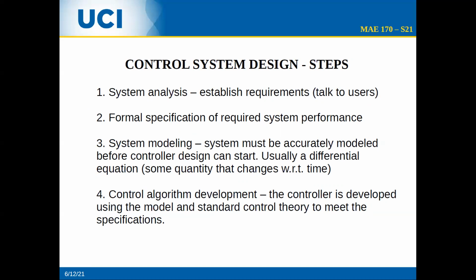Well, I have to translate the requirements into mathematical constraints, and then using the dynamics of your system plus the constraints that are the requirements that you want to achieve, you can design the controller and the control algorithm.